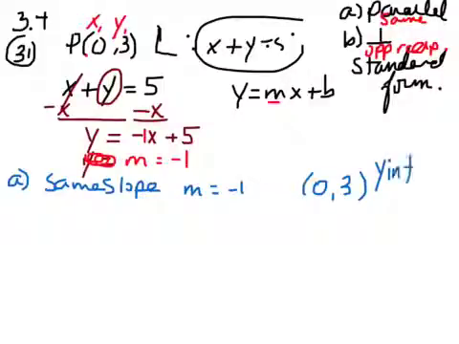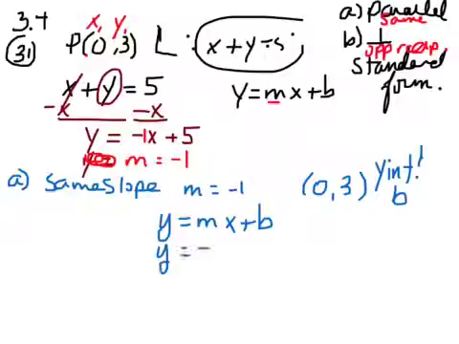This is the y-intercept right here. That's helpful because that's my b in y equal mx plus b. So if I want the slope, the easiest way to do this problem is to say m is negative 1, that goes in front of the x, and then my y-intercept here is 3 because this is x is 0, y is 3.